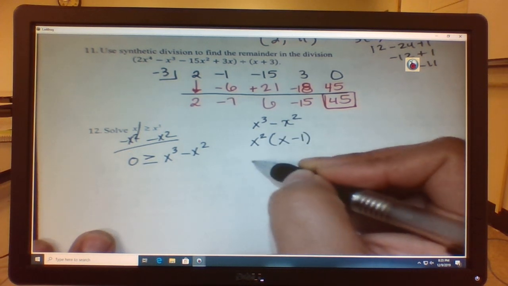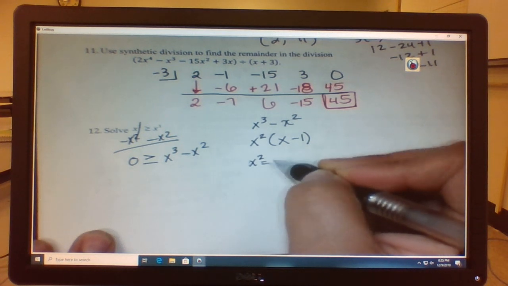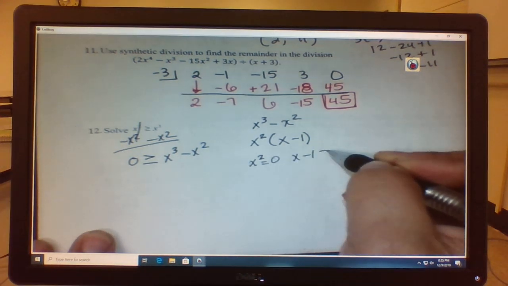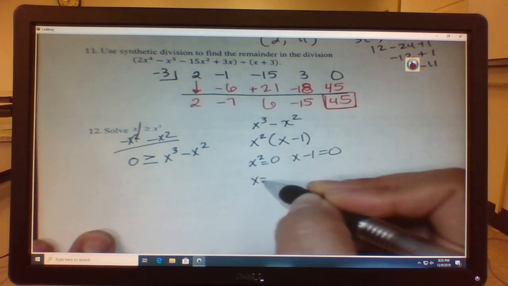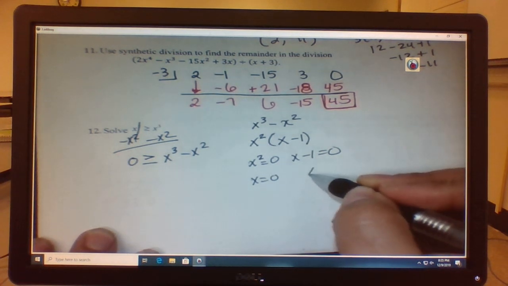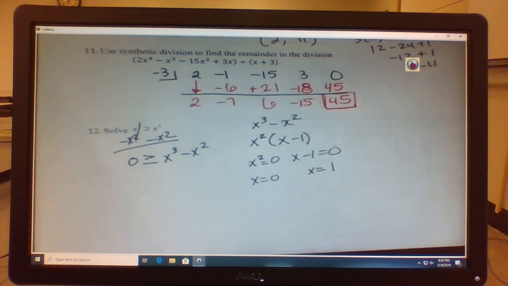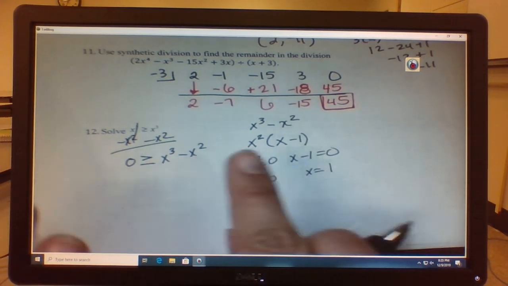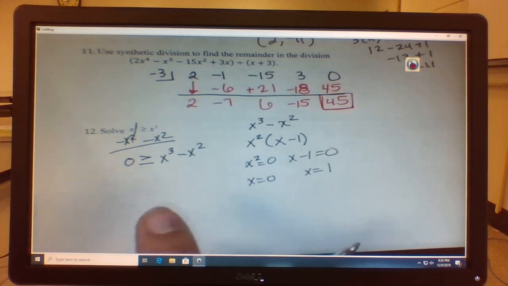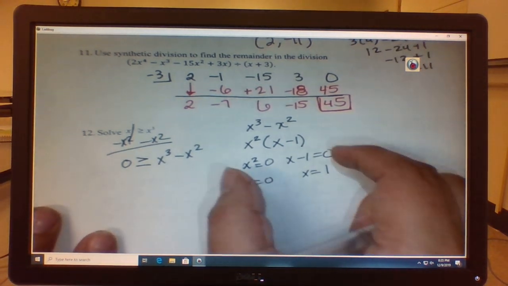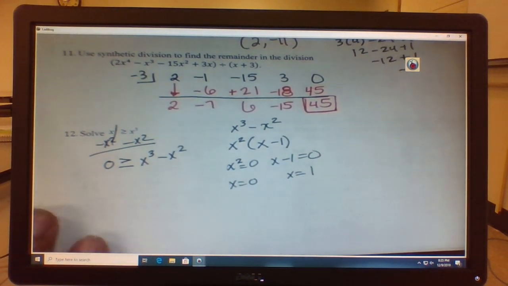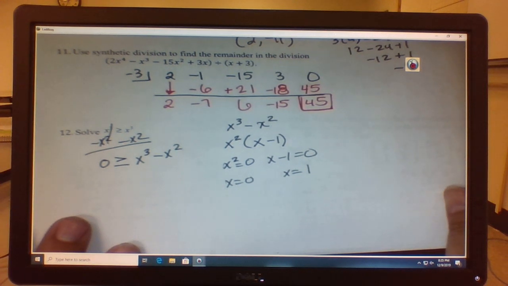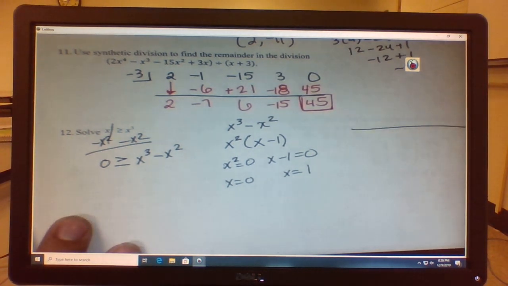I set each of these equal to 0, and I get x is 0 here, and x is a positive 1. Before I continue, is everybody okay with that? So I moved the x squared over to keep the x cubed positive, factored out an x squared, got two things, and set them equal to 0. Are we fine there?